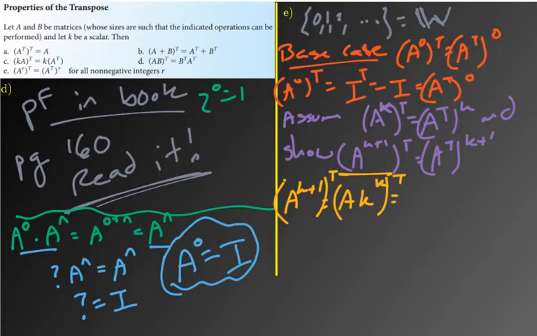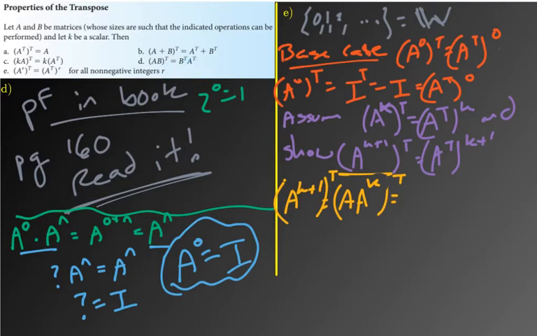Now I'm just going to use D here, which I know I didn't formally prove, but it's in the book. I just wrote that wrong. This is the matrix in here, sorry. This is A to the K. So if you have a product, the transpose does the socks and shoes reverse thing to it.